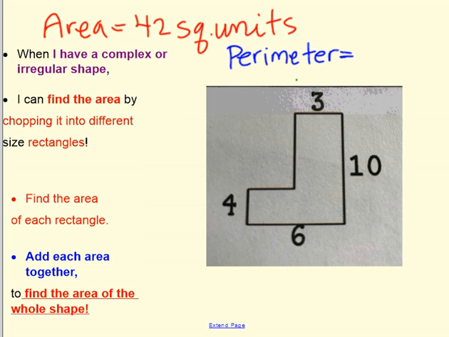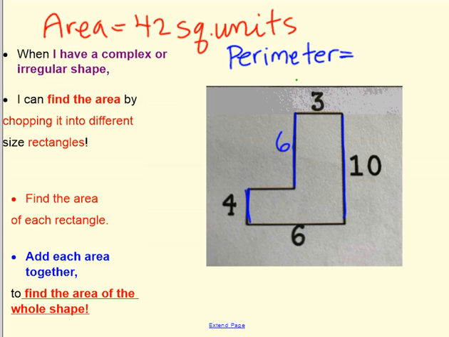If they found the area, they would have found the missing sides. If they know that this side is 10, right here is a measurement of 10 units, and they know this part is 4 units, this part is going to be 6, because 6 and then 4 more equals the total side, which is parallel, which is 10.